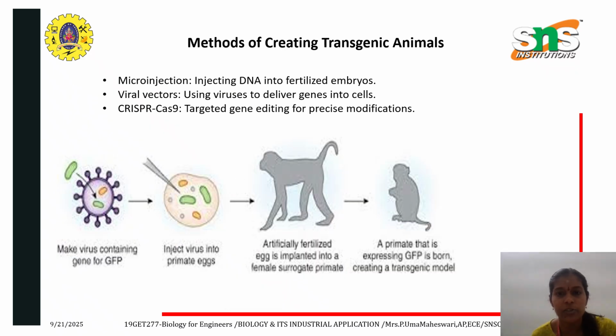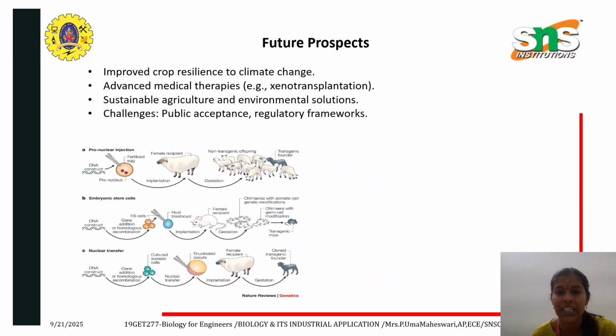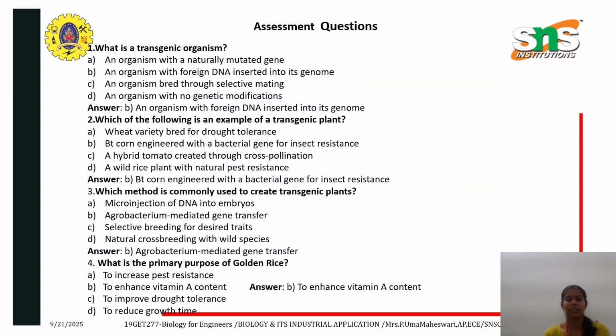These are the methods of creating transgenic animals: microinjection, viral vectors, and CRISPR. The future prospects are improved crop resilience to climate change, advanced medical therapies, sustainable agriculture, and the environment. The challenges are public acceptance, etc.